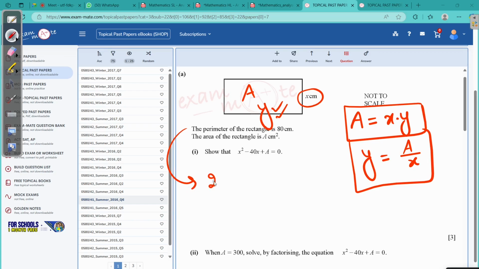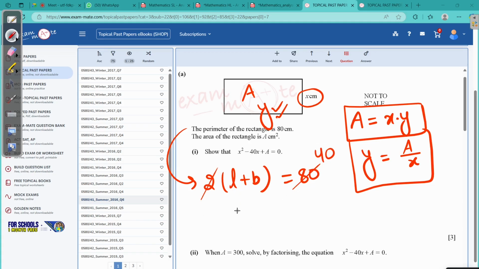Now we have been given the perimeter. Do you know the formula for the perimeter of a rectangle? Its formula is 2 times (L plus B). It should be equal to 80, as given. If you simplify this, you will get 40.